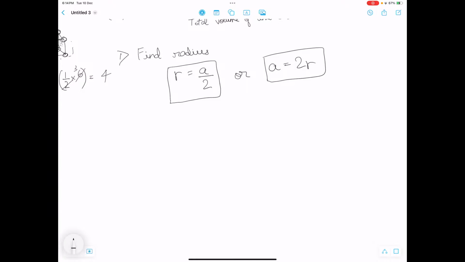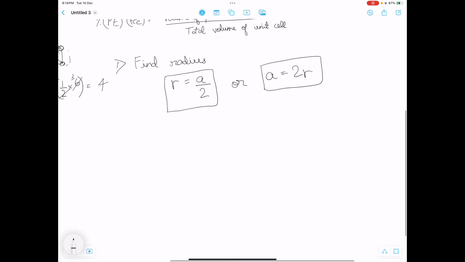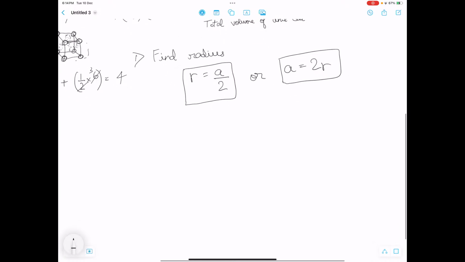Okay, let's continue. Now we want to find the volume. Volume of sphere is 4 by 3 pi r cube.